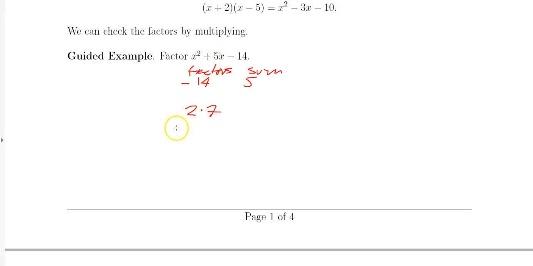So if I take negative 2 plus 7, I get positive 5.